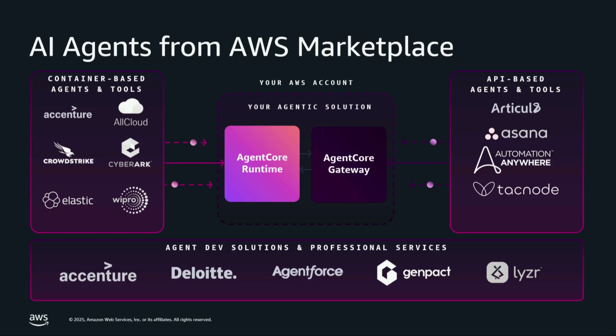So developers go to Marketplace, they subscribe in a single click, and they can also, in a single click, import those tools into Agent Core Gateway as external targets. And then they can use or reuse those tools in multiple agents for different kinds of applications they're building.